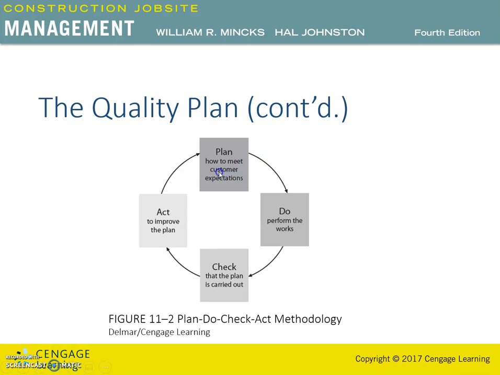Similarly, in the planning of the quality management program, the plan should address the process of the quality management program within the company and its interaction with the company policies. Also, the identification of relevant requirements, codes, and standards for the work. So, construction has many sources of directions for the correct materials and methods of installation.